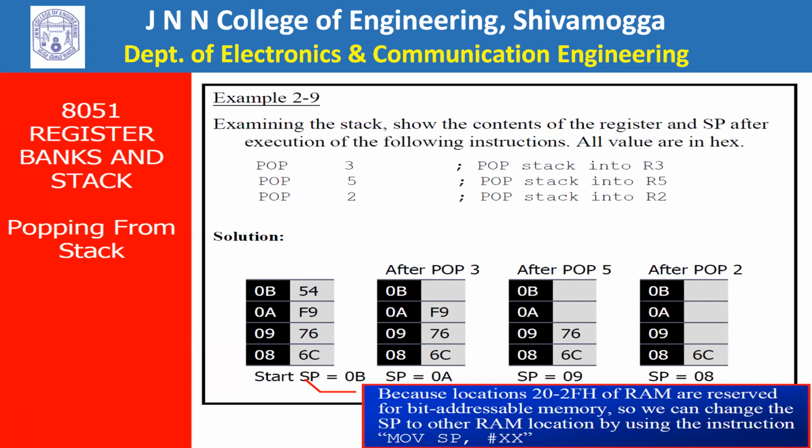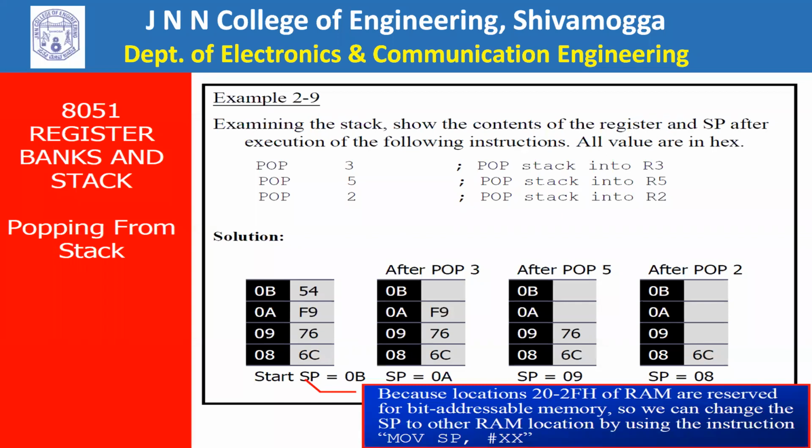Because locations 20 to 2F of the RAM are reserved for bit addressable memory, we cannot change SP to that RAM location by using the instruction MOV SP, #XX. What he means is that from 20 to 2F you cannot use it, because it is bit addressable memory.